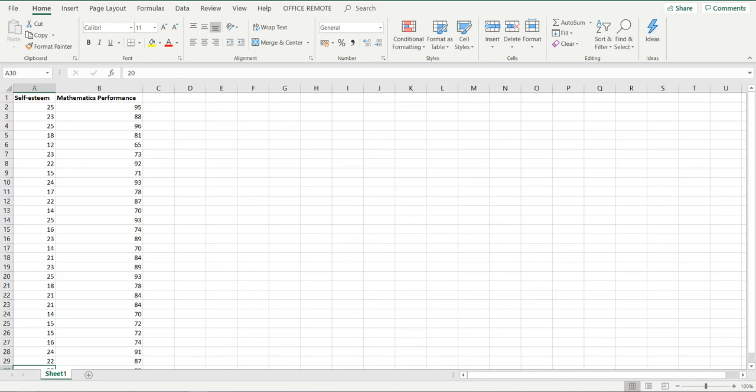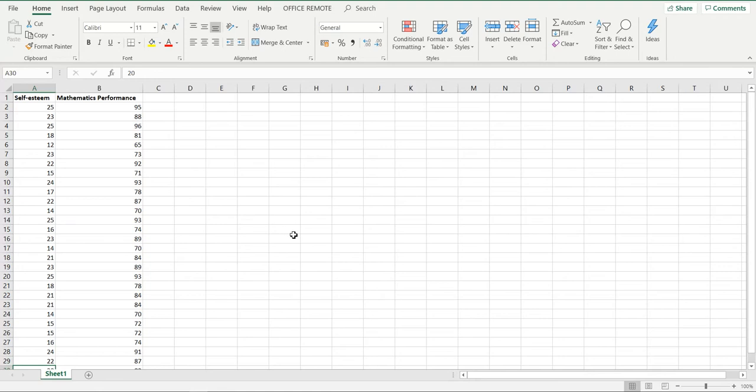Now, in this case, I am going to show you how to use the MegaStat in Microsoft Excel. Now, since the first two research objectives will be addressed using descriptive statistics, we are going to do first the descriptive portion of our research.